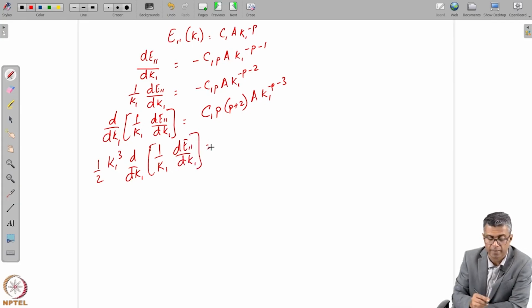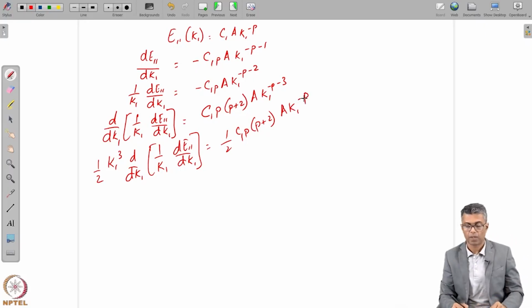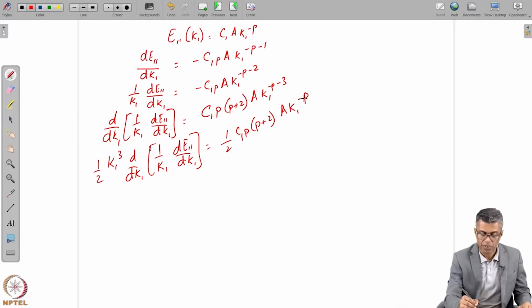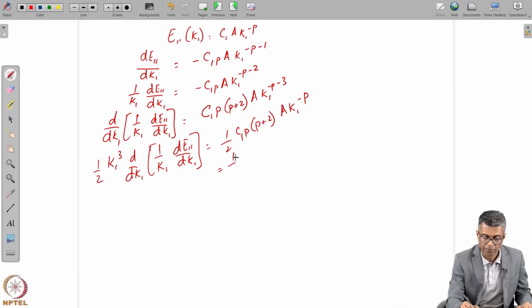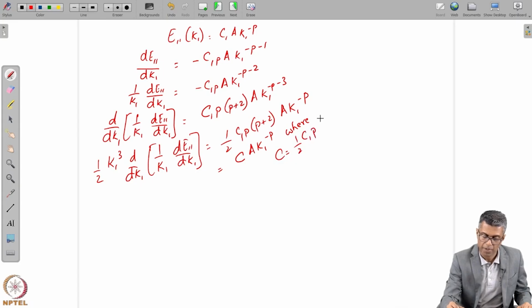And then what do I get? I get half C1 P times P plus 2 A kappa 1 to the minus P. So I can just write this as C A kappa 1 to the minus P, where C is equal to half C1 P times P plus 2.